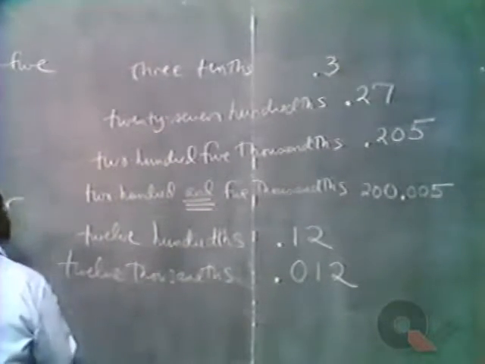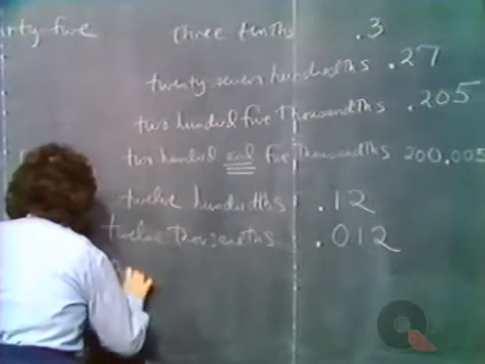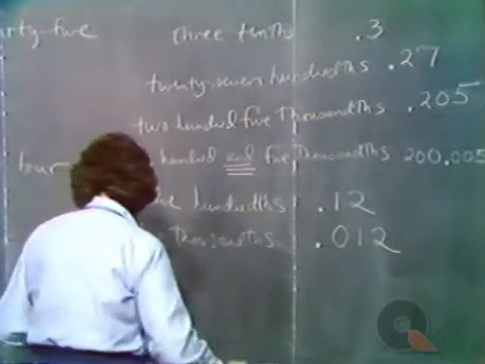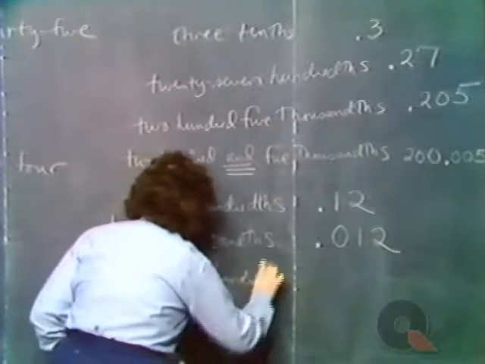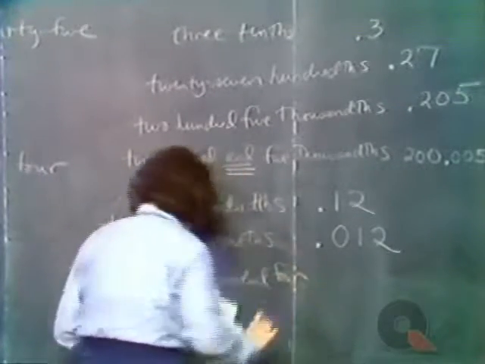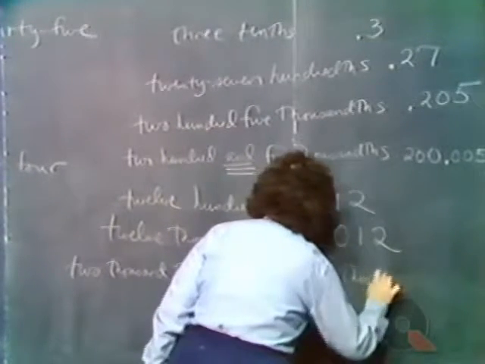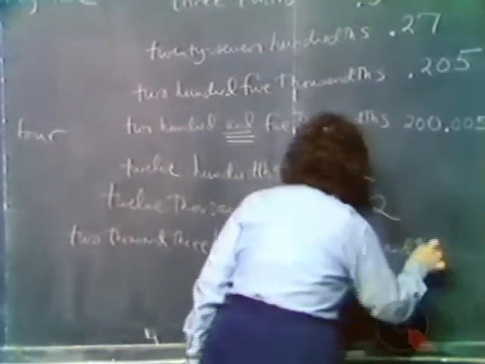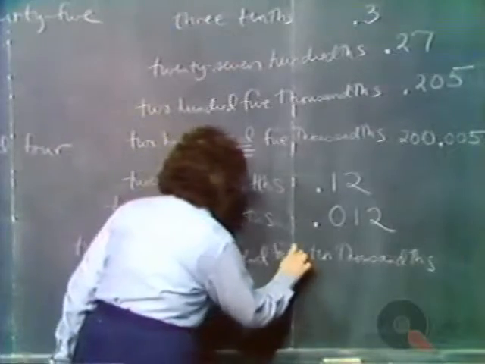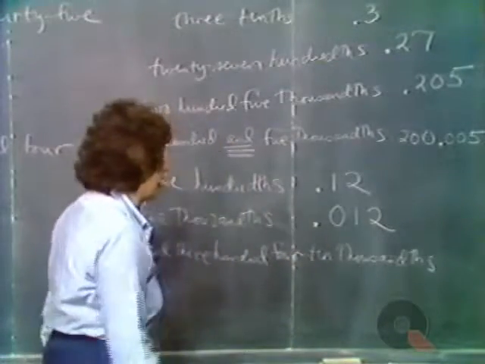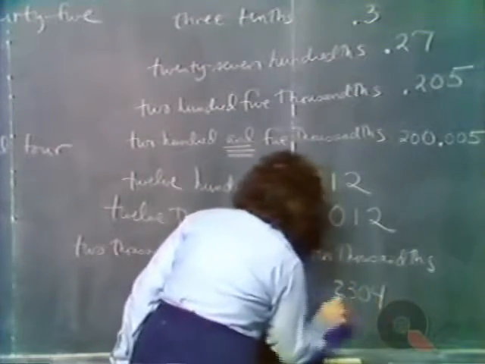Okay, how about 2,304 ten-thousandths. That would be 0.2304. 2,304 ten-thousandths.